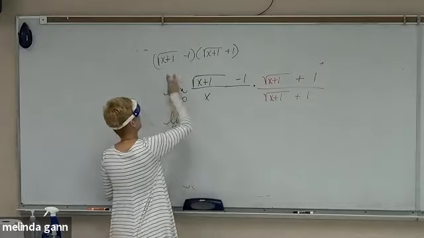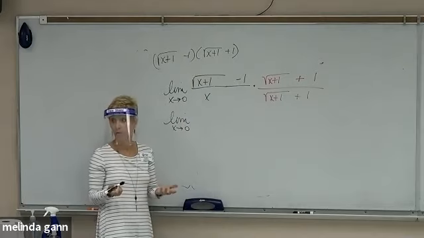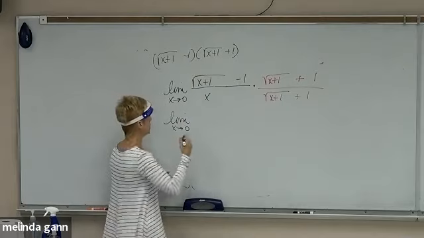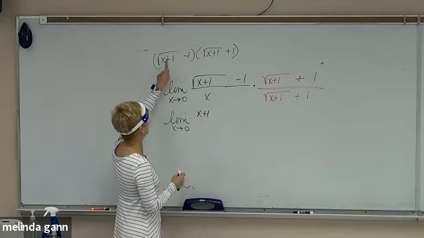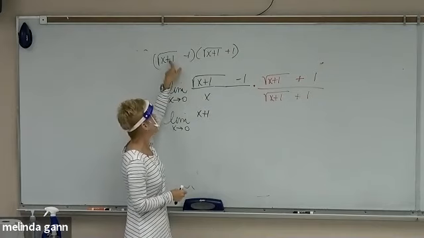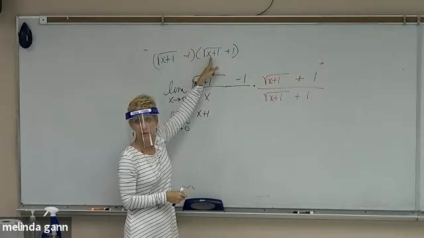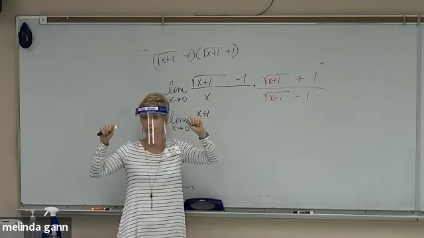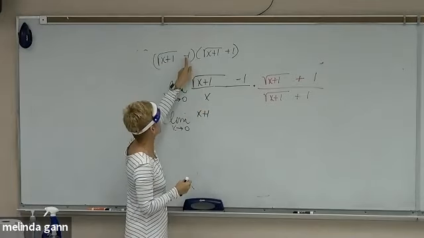What happens when you multiply the square root of x plus 1 times the square root of x plus 1? You just get x plus 1. Now, when I do this root times 1, I just get that root. When I do this root times this minus 1, don't I get minus that root? So what happens to my inner terms? They go away. And then I've got minus 1 times 1.